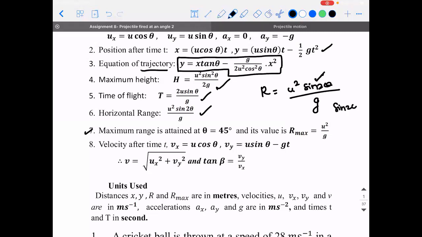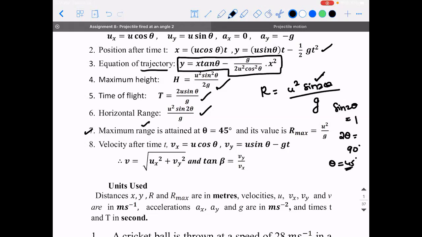So what is the maximum value of sine 2 theta? 1. So sine 2 theta is equal to 1. So what is the value of angle which will give sine as 1? 90 degrees. So theta will be equal to 45 degrees.